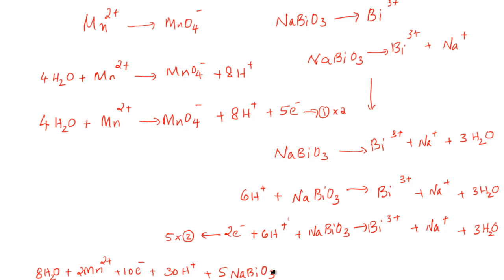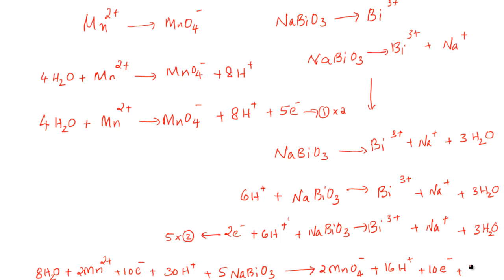Okay, now let's put the arrow. What all do we have on the right side? So right side MnO4- should be multiplied by 2. So 2 MnO4- plus 16 H+, 10 electrons, plus this equation is getting multiplied by 5.